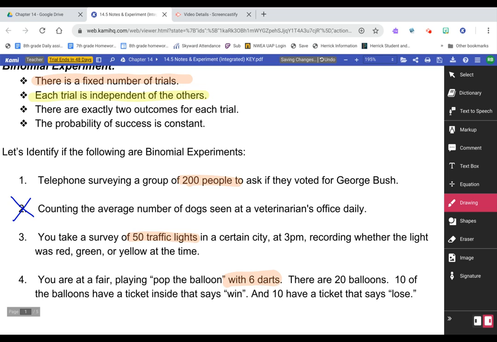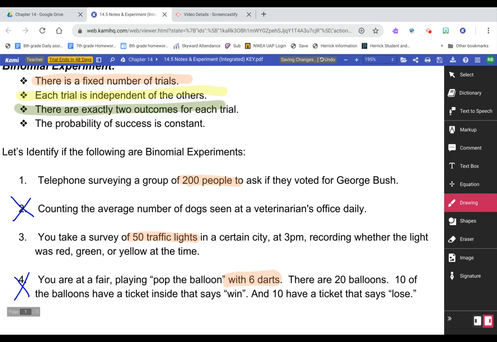Let's say the first dart you throw hits the balloon and inside it says win. Now when you throw the second dart, it's no longer 1 out of 2 chance to get a win or a lose. We have to take away one of the wins, so now there's only 9 wins out of 19 balloons left. So this would not be a binomial experiment.